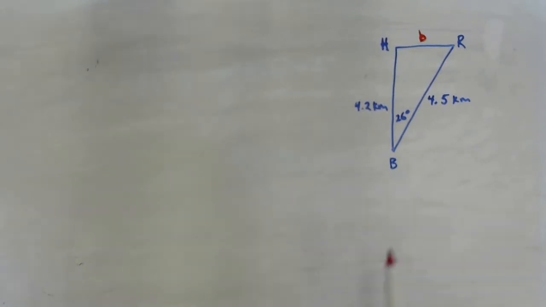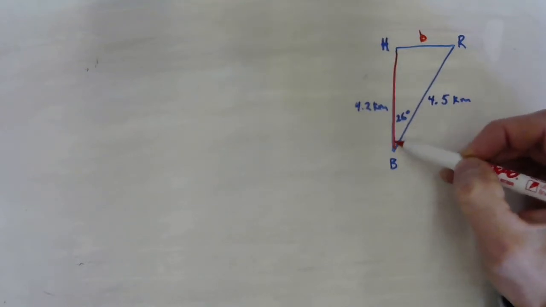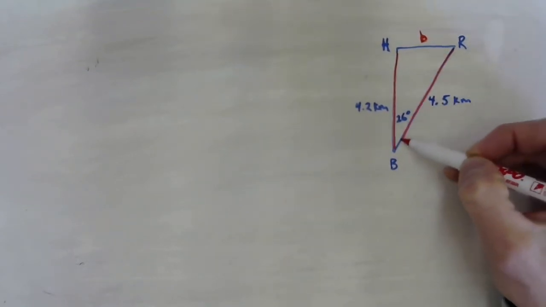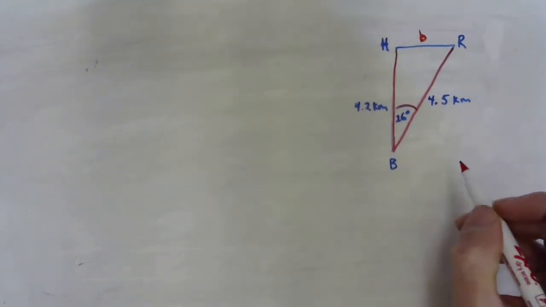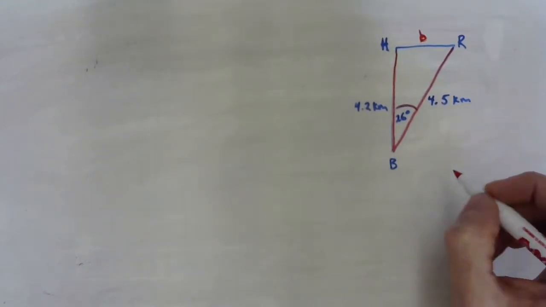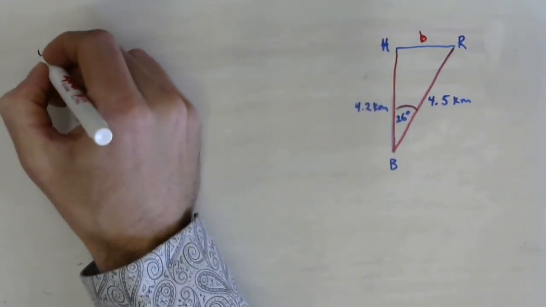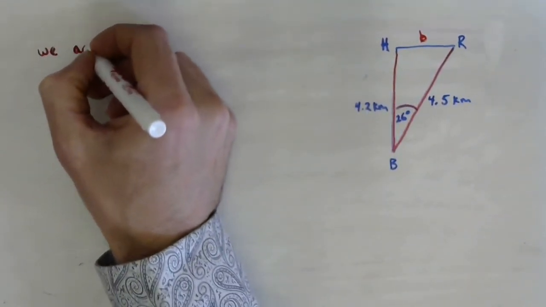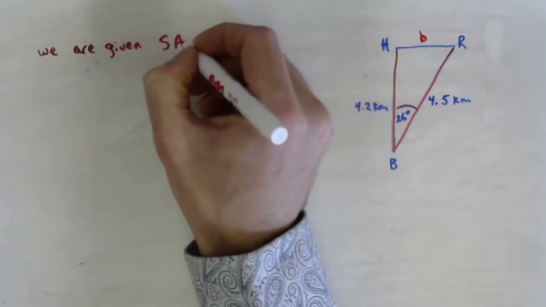Now, look at what we're given. We're given two side lengths and the contained angle. In acronym world, that's called SAS.